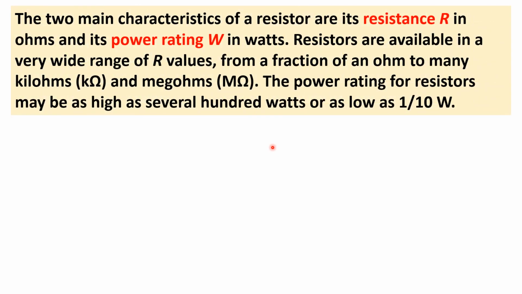The two main characteristics of a resistor are its resistance, labeled capital R, which is expressed in ohms, and its power rating, labeled capital W, expressed in watts.